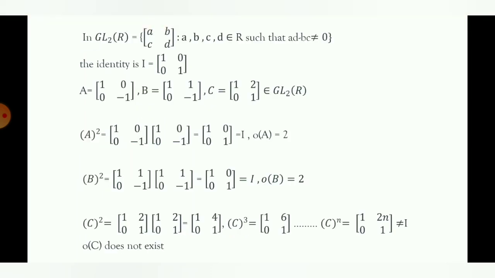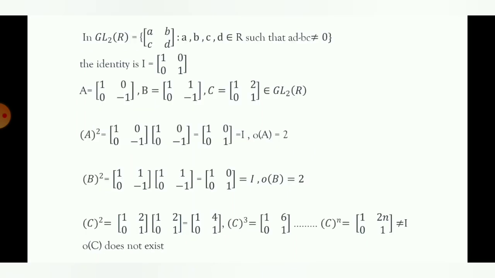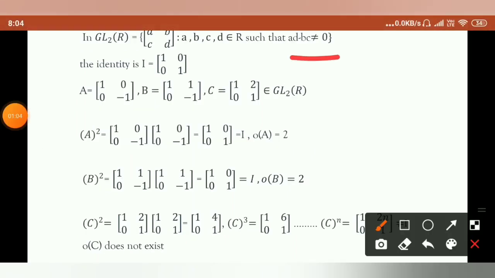Now this is the general linear group of order 2. That means here we have to take the 2 by 2 matrices whose determinant is non-zero, right? Now the identity element, because for order we first of all need the identity element.